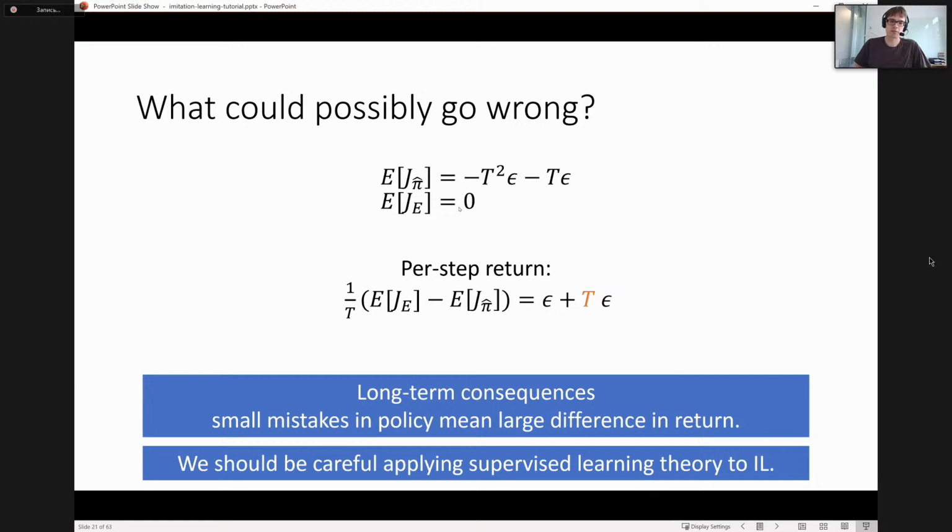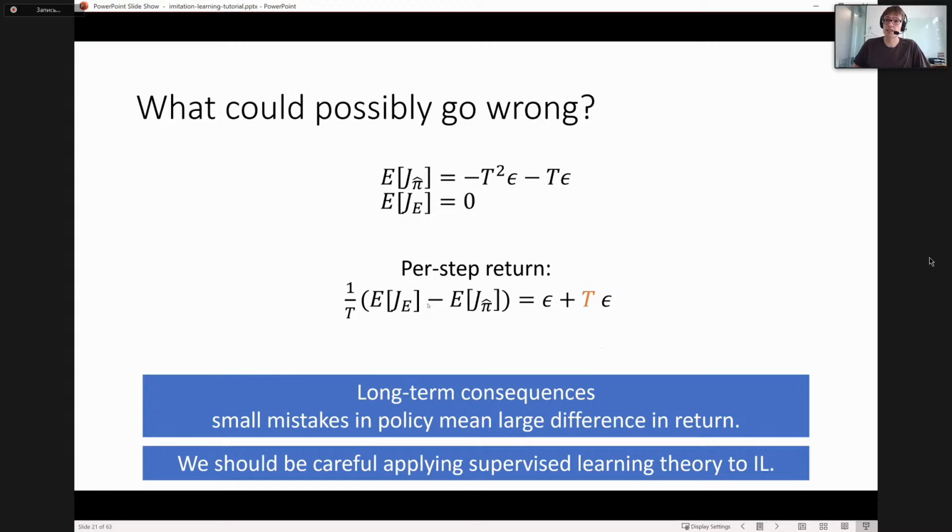The expected sum of rewards of the expert is 0 because the expert doesn't make mistakes. And now if we look at the per step return, if we divide by the length of a trajectory, what is happening is I'm getting an error because I had the square term here. Now I have a per step error, which is T times epsilon, and it's really bad because what this mathematical model tells me is a small error of epsilon per step in fitting the policy results in a per step error of T times epsilon in the return.